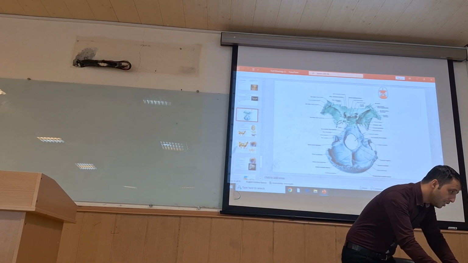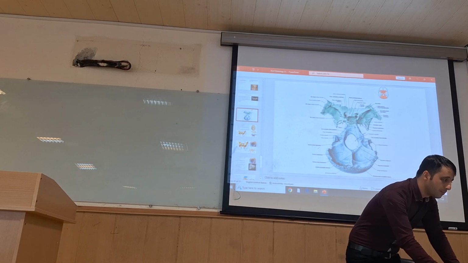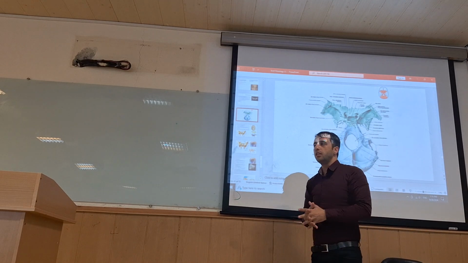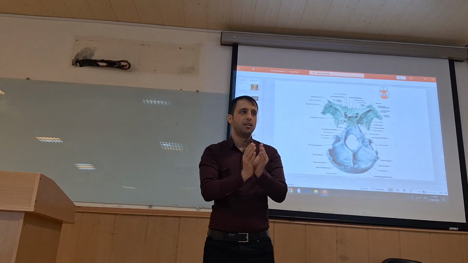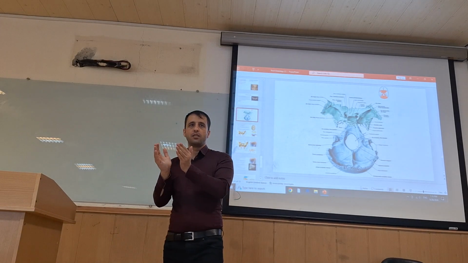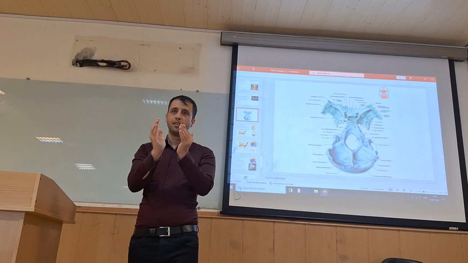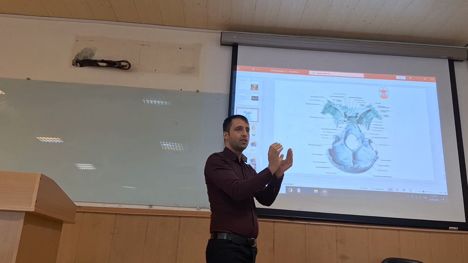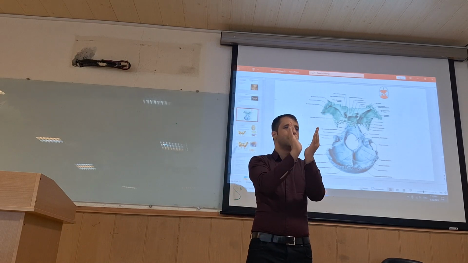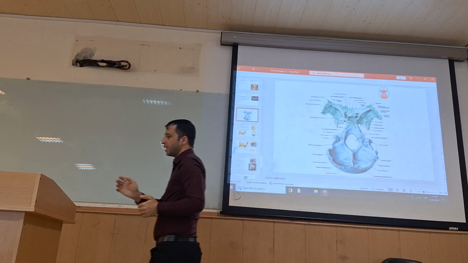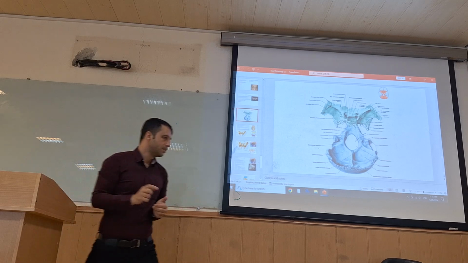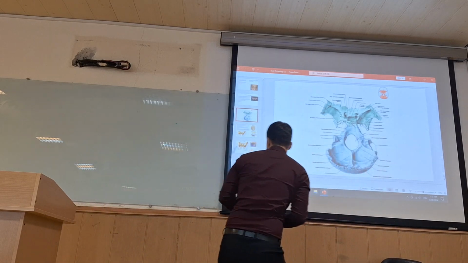After this area, you can see this part. This is like a horse saddle. Have you ever ridden a horse? Yes. When you sit on the horse saddle, the saddle is like this, yes? It has an anterior part.